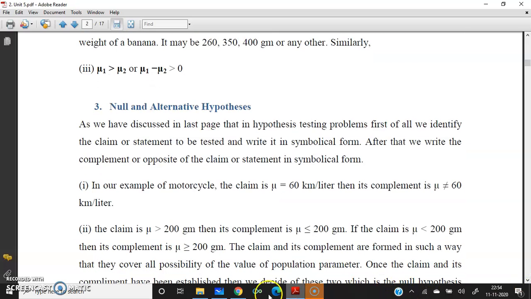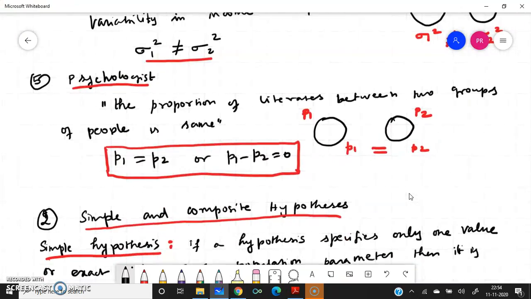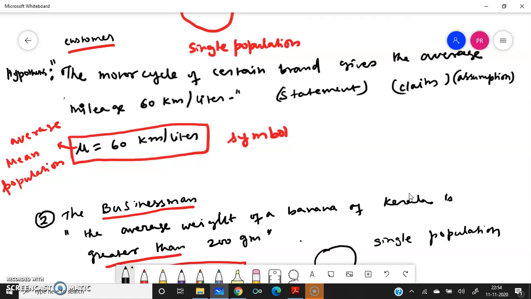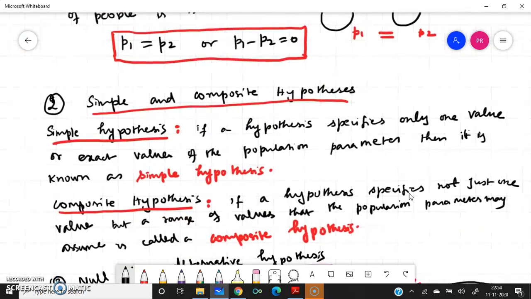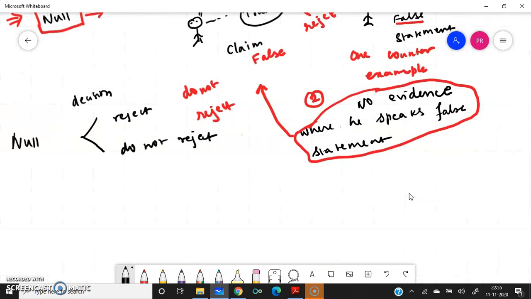In our motorcycle example, mu equal to 60 kilometers per liter. What is the complement of this?